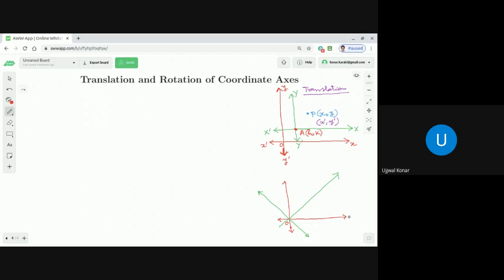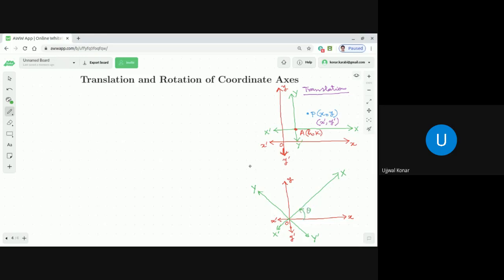So here it is x o x dash, and here we get y o y dash. And the new coordinate we are getting, dear students, is capital X O X dash and capital Y O Y dash. And in which angle has it actually moved? It moved in an angle of theta, anti-clockwise direction.